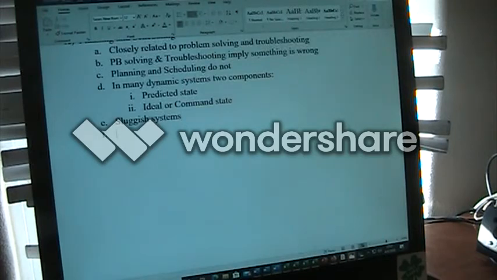So in a sluggish system, we have to have longer range planning. We have to think longer term because it's important that future production matches future demand.